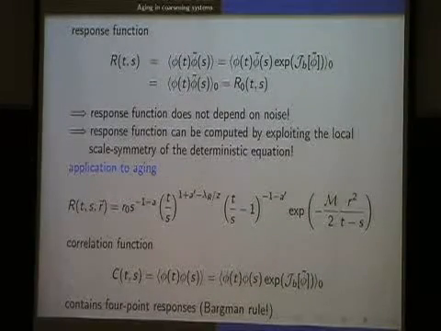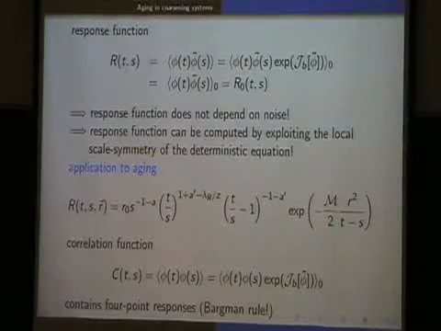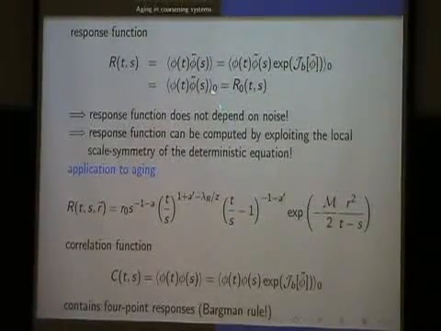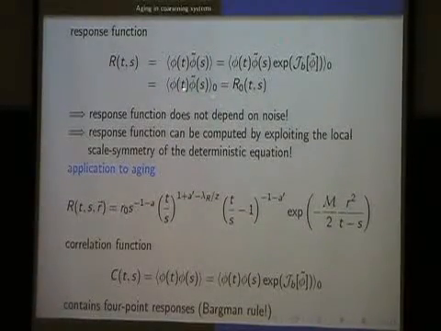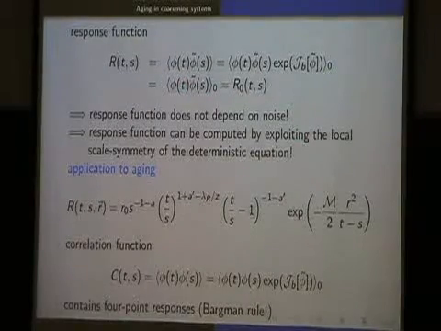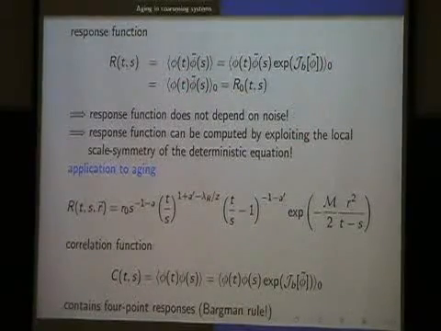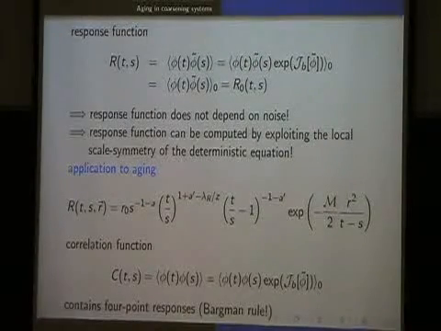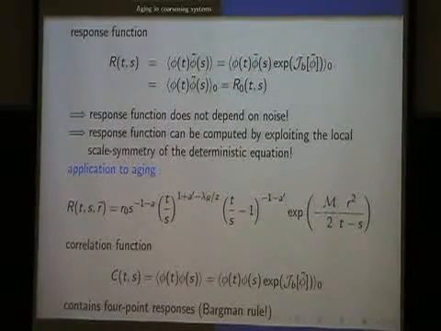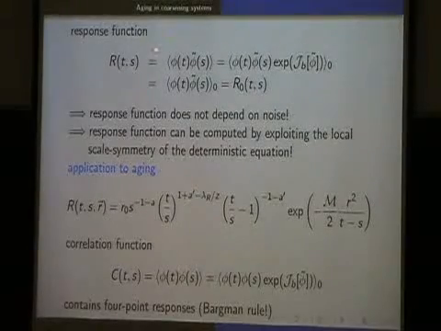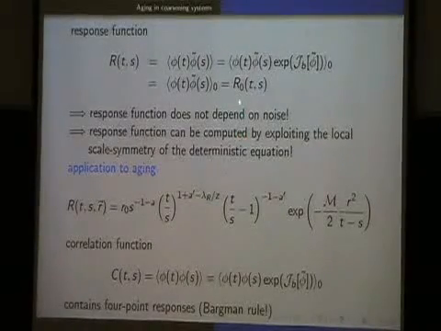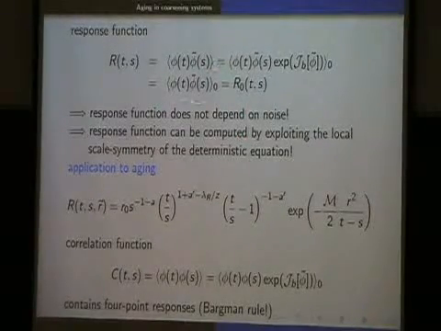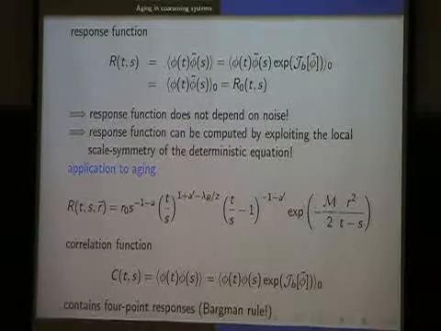Then I can expand it, of course, in powers of phi tilde. And when I do that, you see, oops, the only term surviving is the first one, the 1. Because with 1 plus phi tilde, we already have phi times phi tilde squared, this is 0, due to the Bachmann superselection rule. So you see here that the average with respect to the full action is the same as the average with respect to the deterministic action.